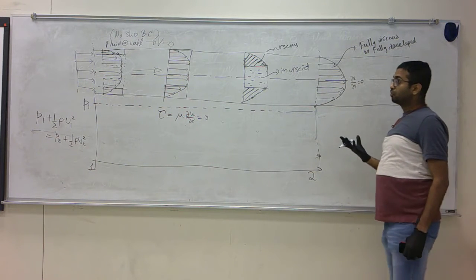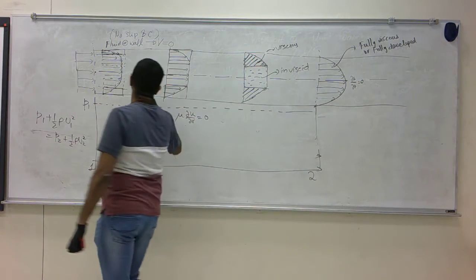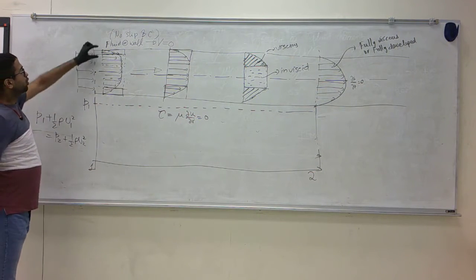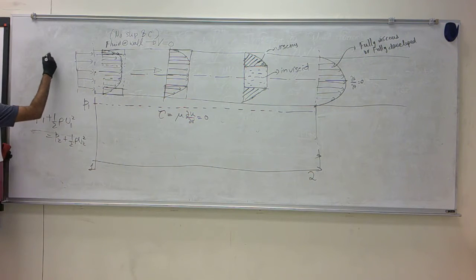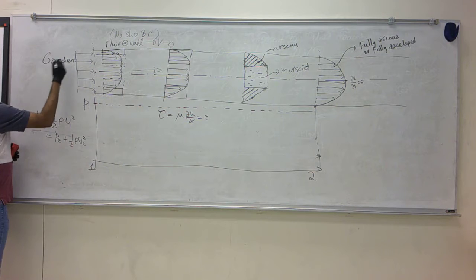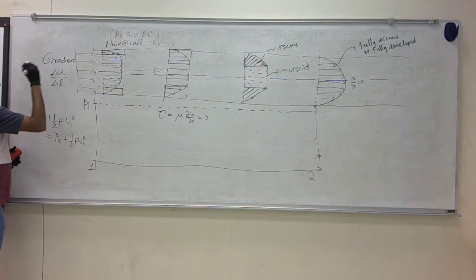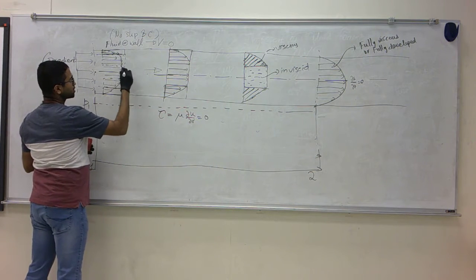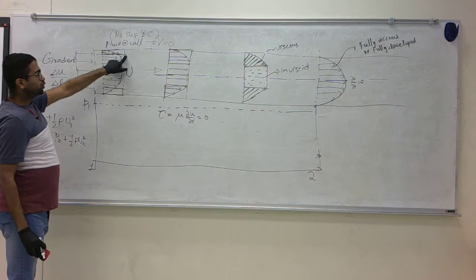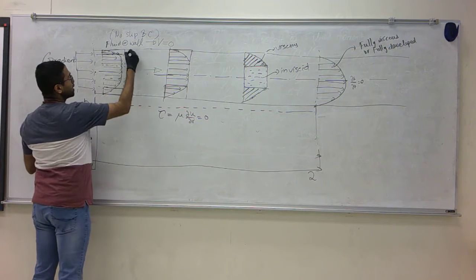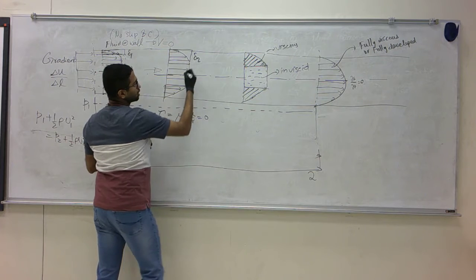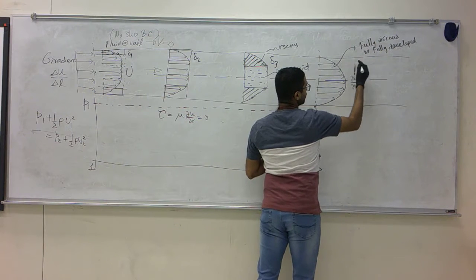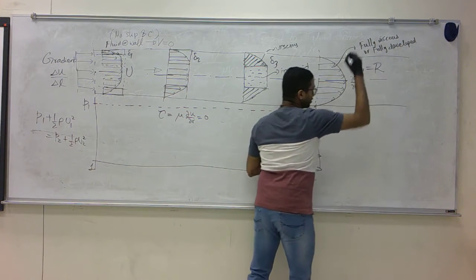If you had fluid viscosity, the fluid shear stress is proportional to the velocity gradient. If you look at the velocity gradient here, what is a gradient? Gradient is change in velocity over change in length. Let's say the centerline velocity is u. The change from 0 to u happens over a certain distance delta 1 here, over a certain distance delta 2 here, over a certain distance delta 3 here, and over a certain distance delta 4, which is equal to the radius of the tube.